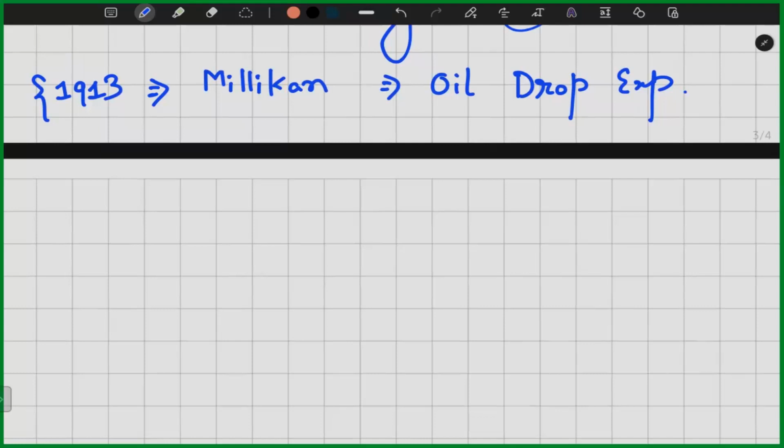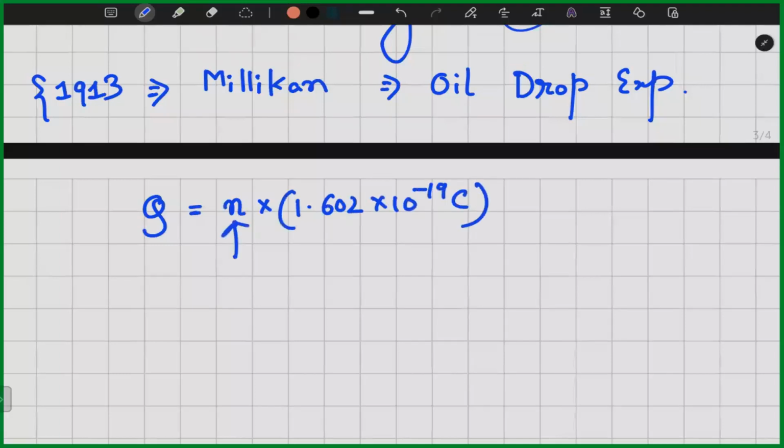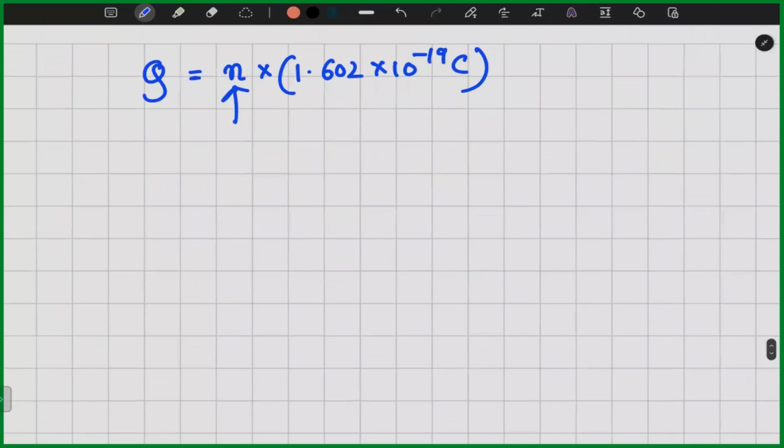After performing the oil drop experiment, he made a precise measurement and found that the charge of an oil droplet, let's say Q, is always an integral multiple: n into 1.602 into 10 to the power minus 19 coulomb, where n is an integer, 1, 2, 3, and so on.